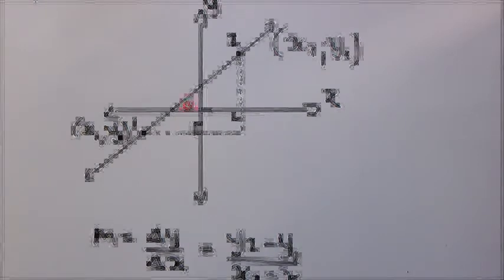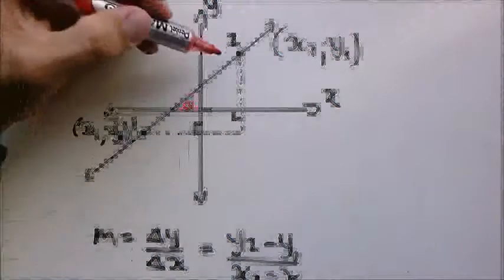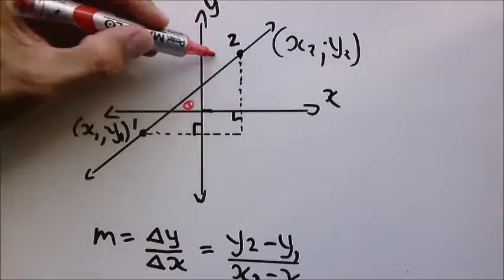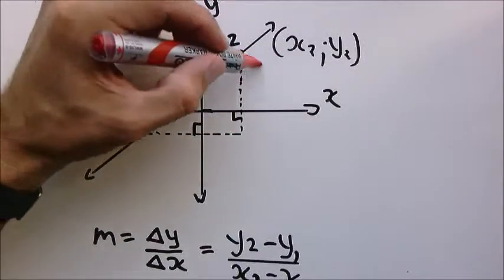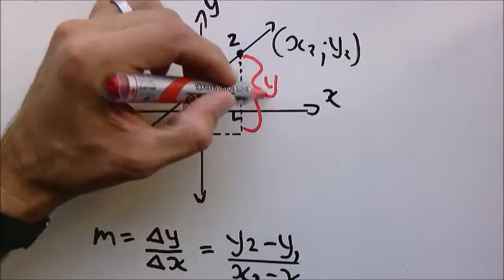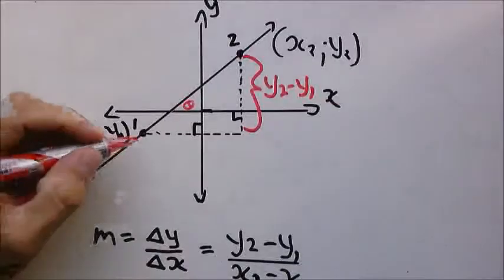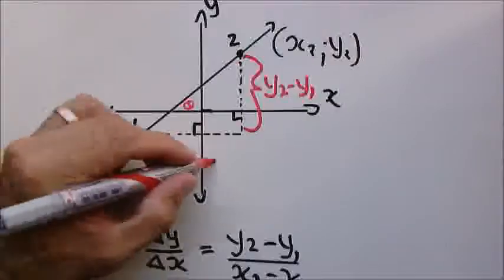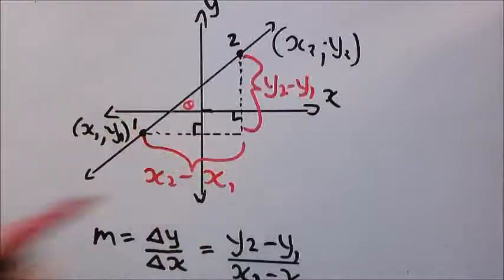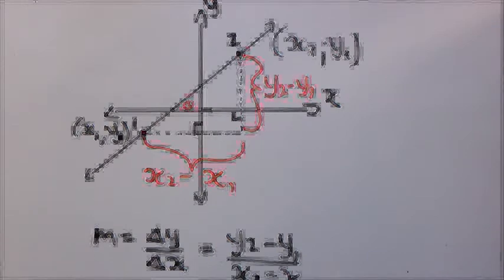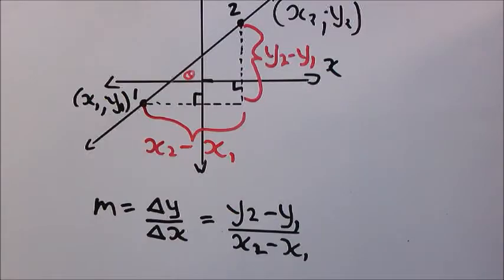If we talk about the y coordinates, y2 is over there and y1 is over here. So this distance is y2 minus y1. And similarly, right here, this will be x2 minus x1. Okay, so keeping that in mind, we know we can calculate the gradient.